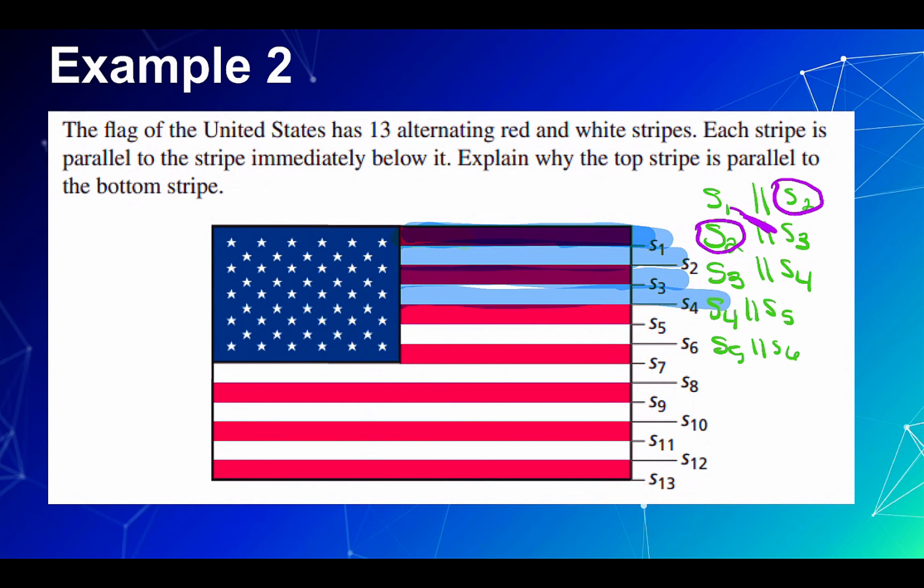Here I have S3 is parallel to S2 and parallel to S4. Therefore, S3 and S5 are parallel. So they're parallel to each other because every line is parallel to the line below it.